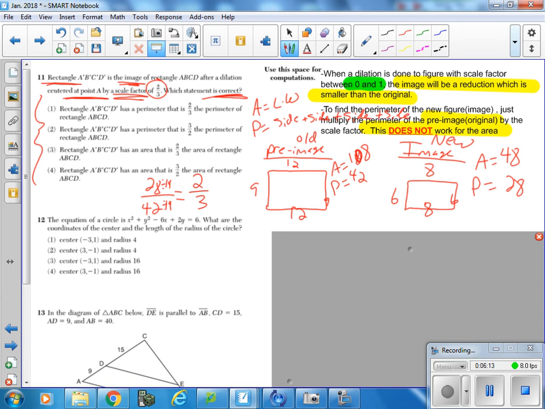Now, if we did the same thing with the area, if I did 48 over 108, you don't get 2/3. You get something else. If I wanted to reduce that, I'm not even sure what you'd get.